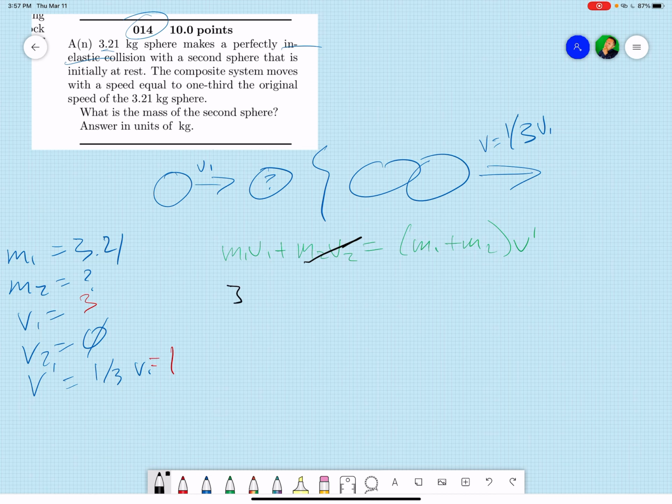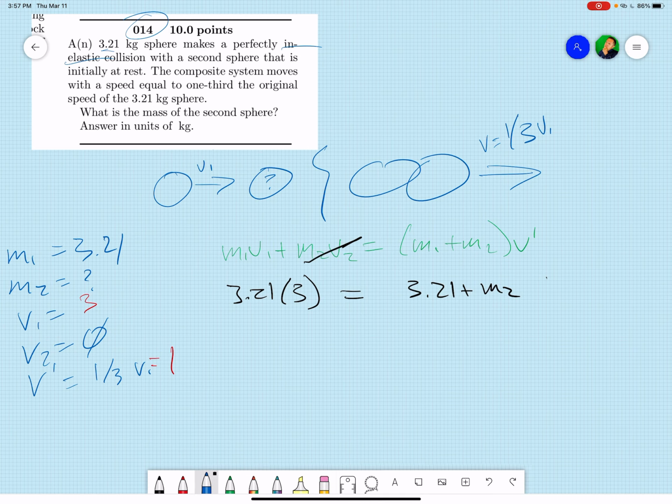So we have 3.21 times 3 is equal to 3.21 plus M2 times 1. 1 makes things easy, right? Because then basically that whole thing gets canceled away. All right. We got that.